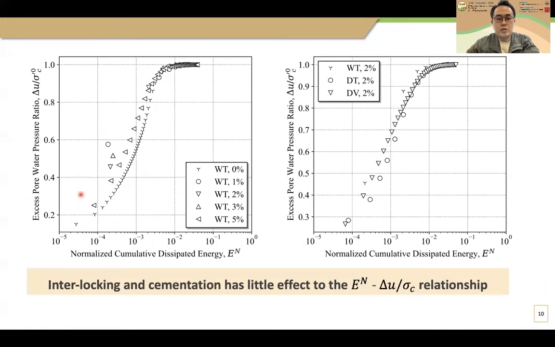Although the initial part is a bit scattered, we can say that interlocking and cementation have little effect on the entire energy and excess water pressure ratio relationship.